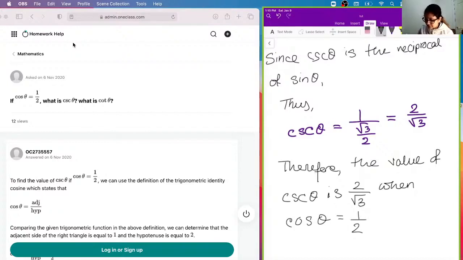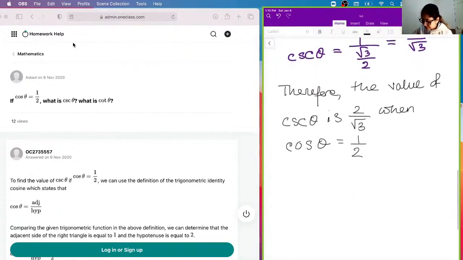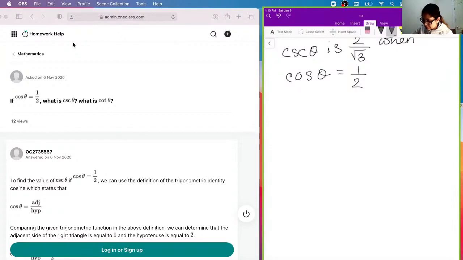The second part of the question asks, what is cotangent of theta? To find cotangent of theta, if cos theta is equal to a half, we use the derived values of the adjacent and opposite sides of the right triangle from the computation above.